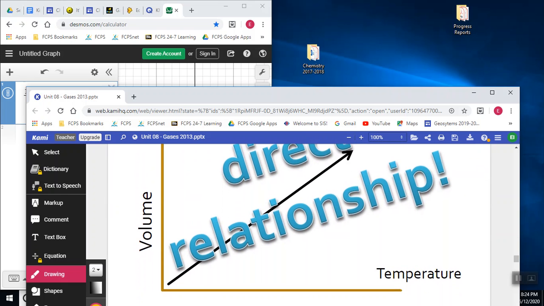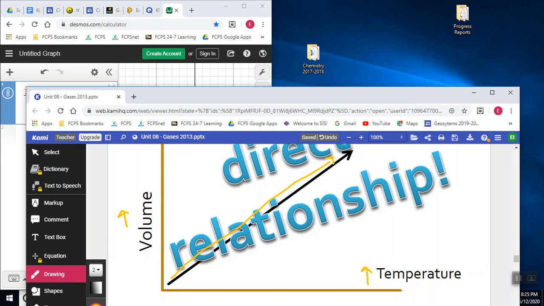So Charles' law is a direct relationship. Actually, I like this one better because if I increase the temperature, if I heat up the gas, that is also going to make the molecules spread out, and so I get a bigger volume. Okay, that's easier to explain. So the temperature is going up and the volume's going up, and notice that is a straight line.